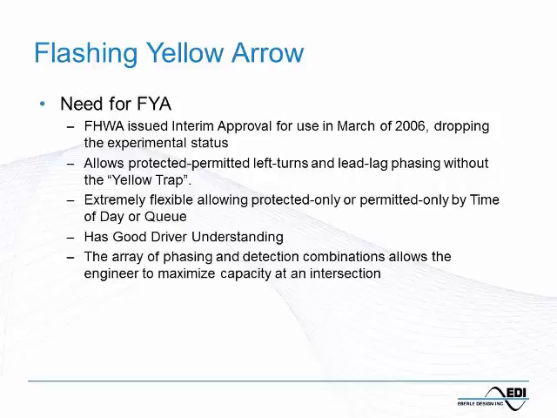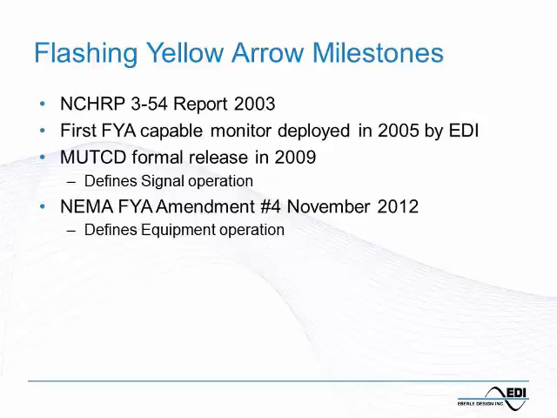If you're interested in all the details of flashing yellow arrow, there's an NCHRP report from 2003. It's NCHRP 3-54, and it goes through the background of flashing yellow, many of the different aspects, and it's basically the study that was provided to MUTCD to develop the rules and guidelines for deploying flashing yellow arrow.